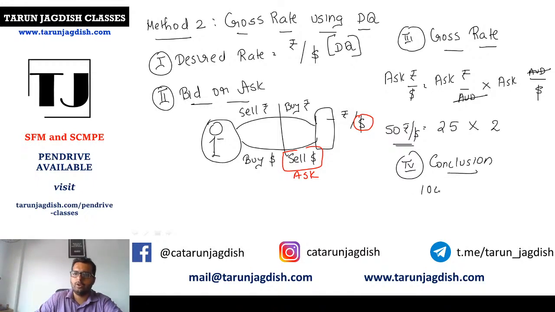Here what I will do is I have got 100 lakh rupees and I am having 50 rupees per dollar. So if I divide this, I will get the answer as 2 lakh dollar. Is this the same answer that I got earlier also?